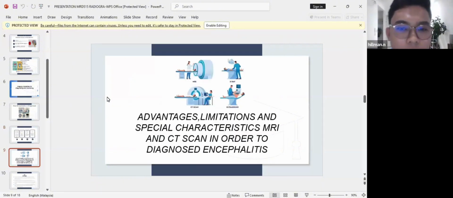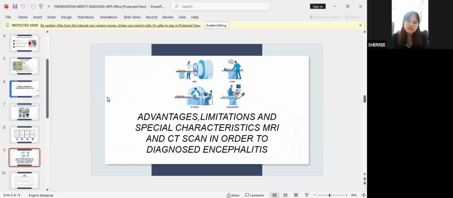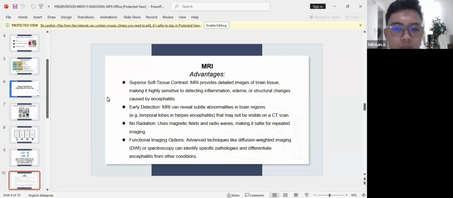Okay, so the advantages, limitations, and special characteristics of imaging, MRI and CT scan, in order to diagnose encephalitis. The advantages for MRI: superior soft tissue contrast. MRI provides detailed images of brain tissue, making it highly sensitive to detecting inflammation, edema, or structural changes caused by encephalitis.